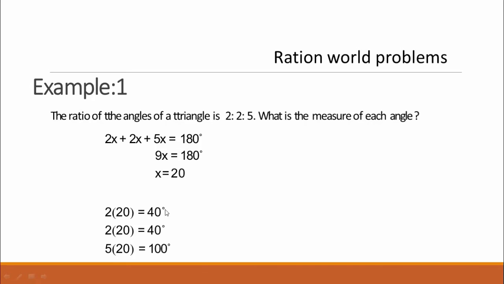Similarly, the first angle 2x: 2 multiplied by 20 is equal to 40, and 2 multiplied by 20 is also equal to 40, and 5 multiplied by 20 is equal to 100. So adding these three results, we can verify our result. 40 plus 40, 80, plus 100 is equal to 180.